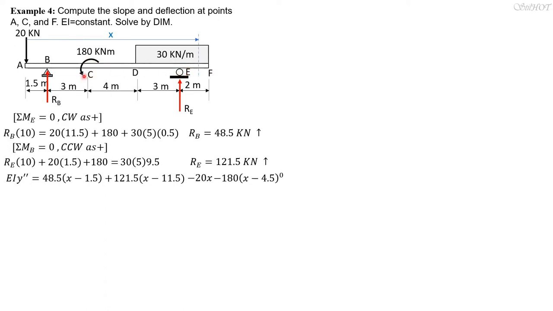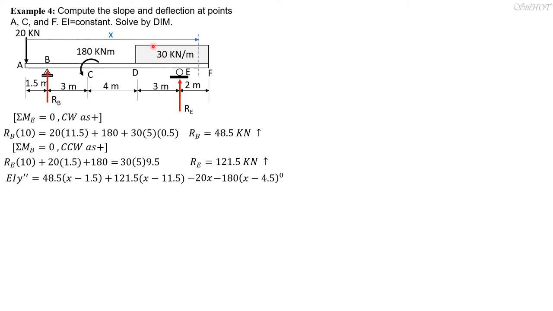Because this is already a couple, we just make the power of x minus 4.5 raised to 0. Anyway, that is 1. The main purpose is to make sure that when we compute deflections and slopes and set values of x, when the quantity inside the parenthesis is negative, we simply ignore that term.